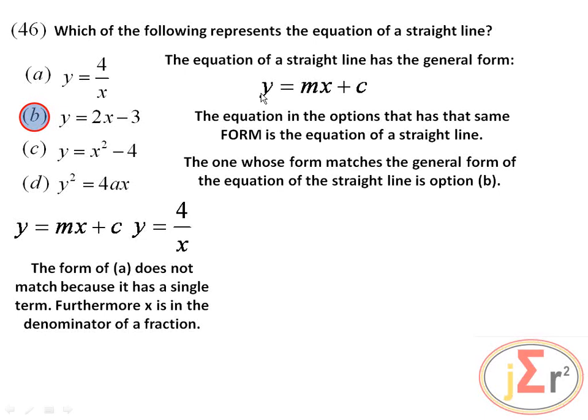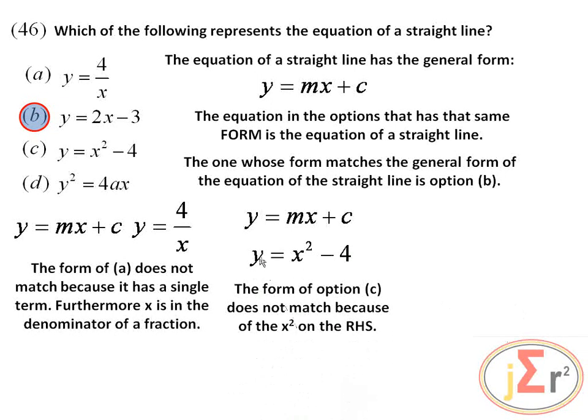We have y is equal to 4 over x, just a single term, while in the general form we have two terms. Furthermore, we have x in the denominator of the fraction. Therefore, it does not match the equation of a straight line, y is equal to mx plus c.